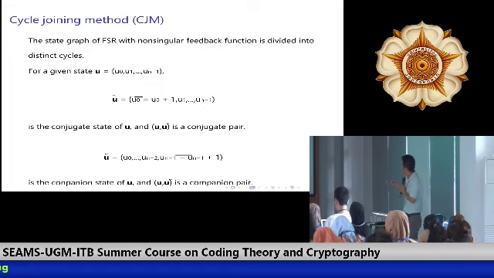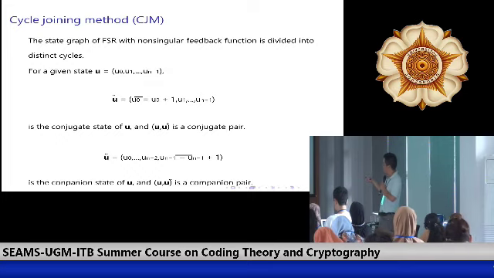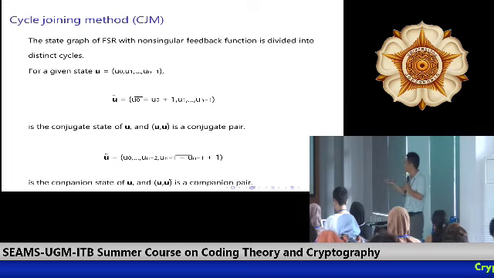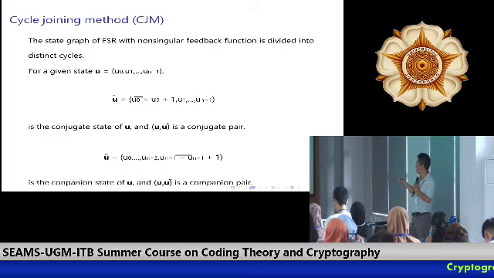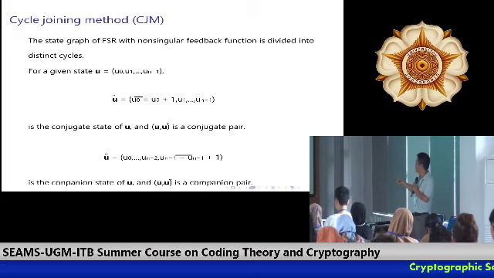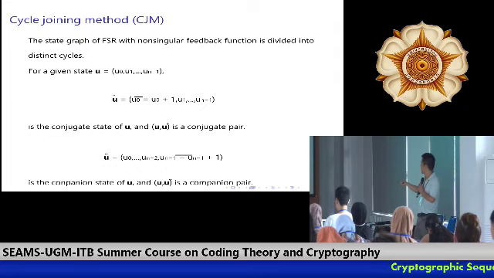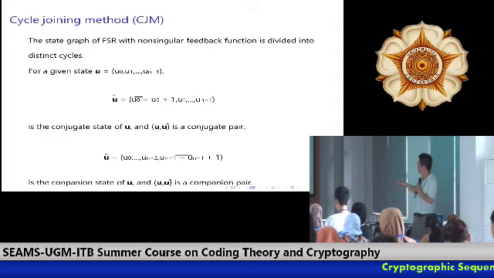And for each state U, we define the conjugate: the first element plus 1 modulo 2, meaning 0 becomes 1 and 1 becomes 0, and the remaining stay the same.